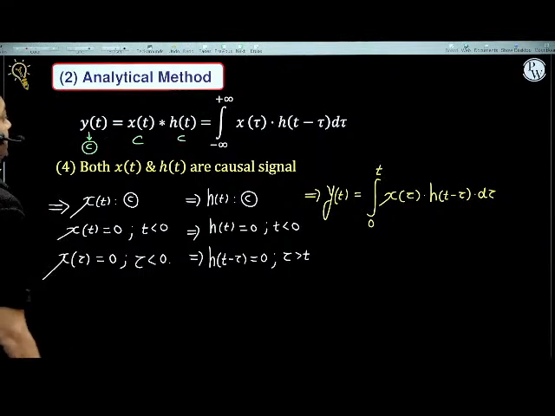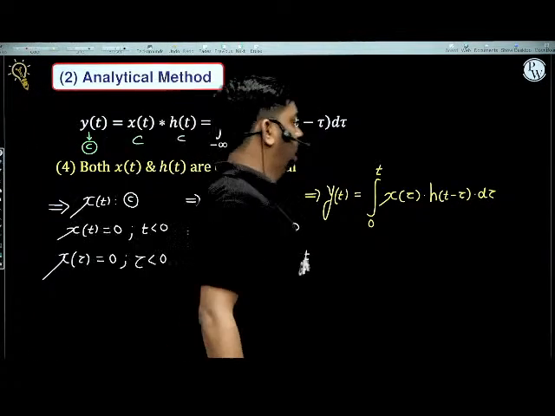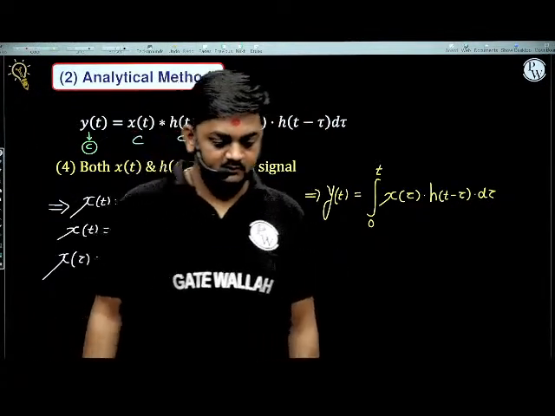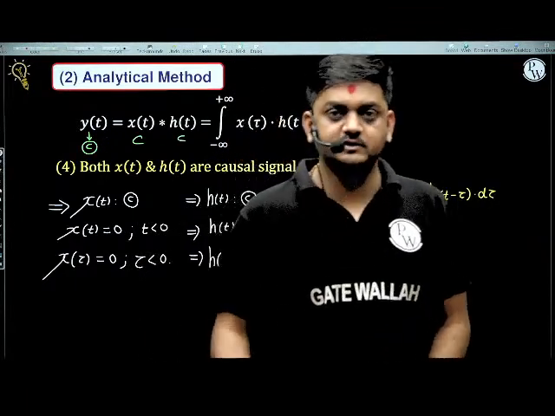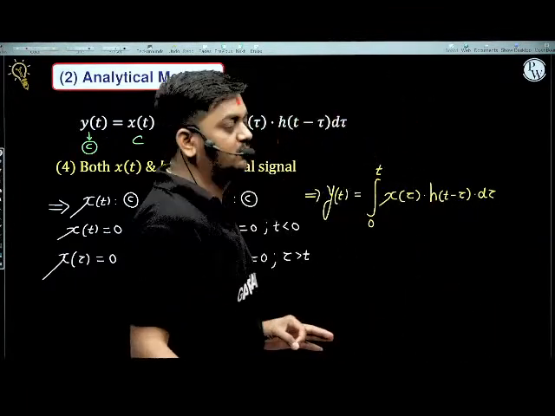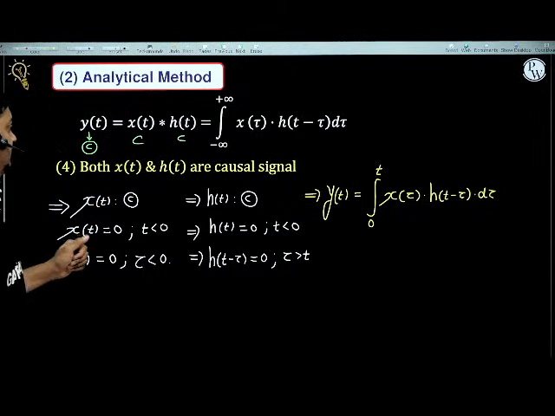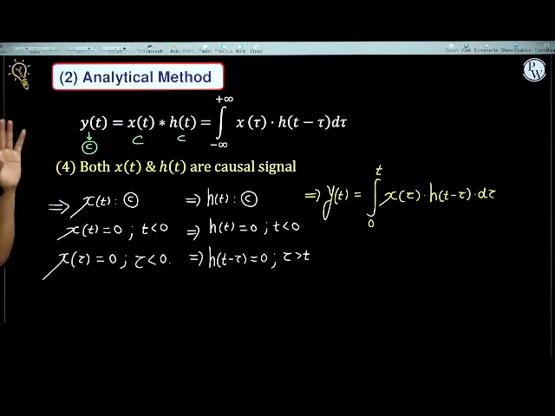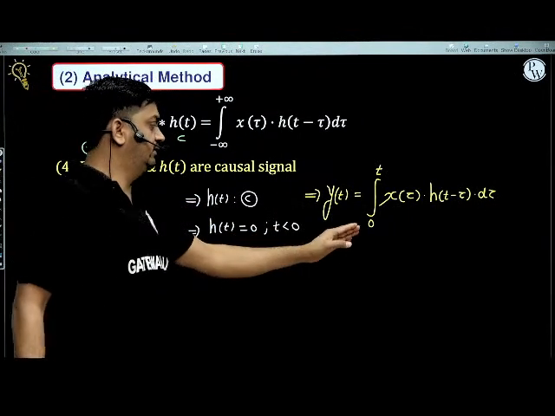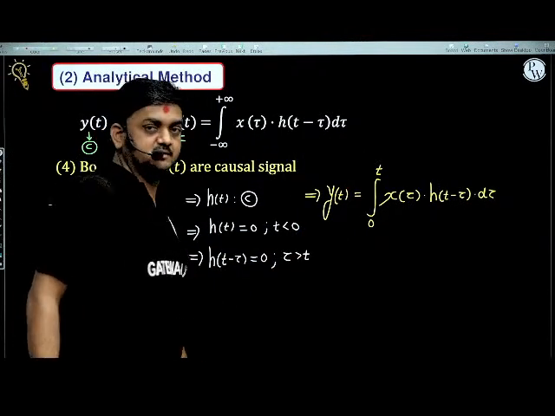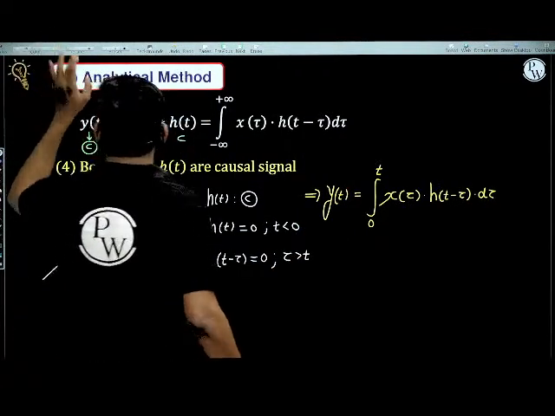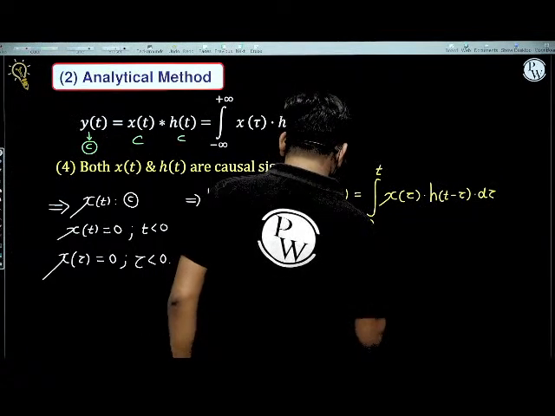Okay, x of tau into h of t minus tau d tau. Fine. Clear to each and every student? This is very much important. If both the signals are causal, then the resultant signal also will be causal, and the change in both the limits: lower limit will be 0, upper limit will be t. So total 4 cases we have seen.